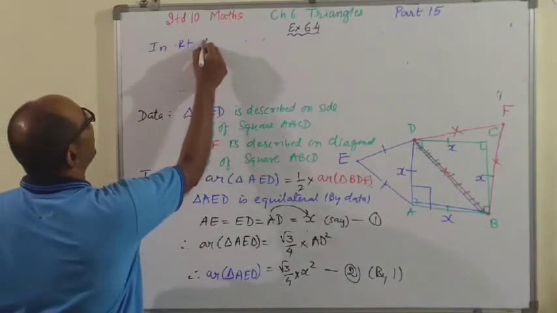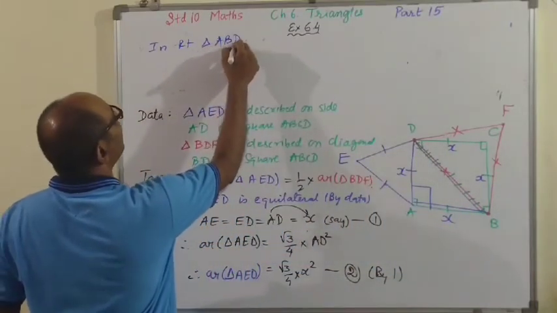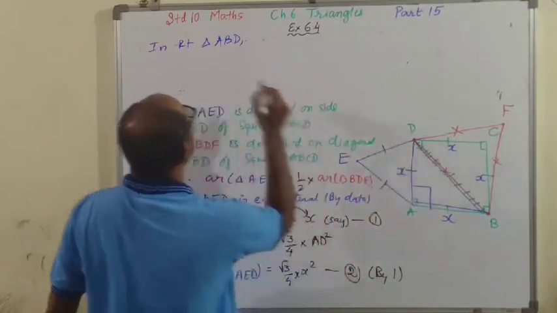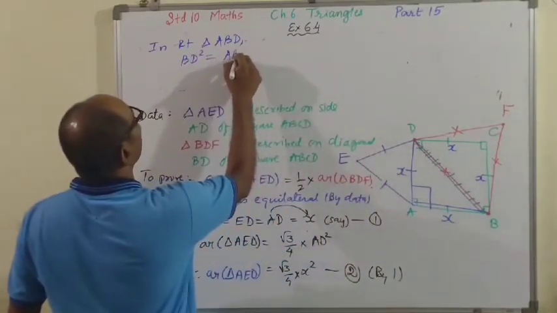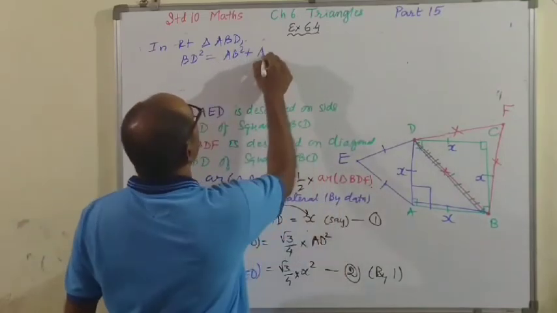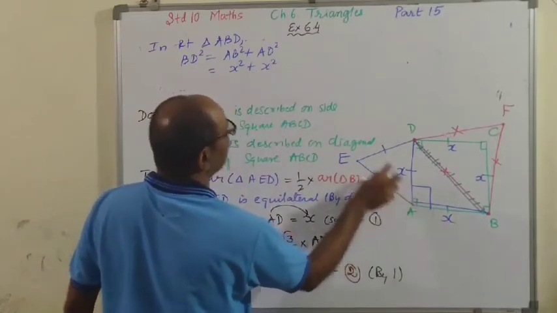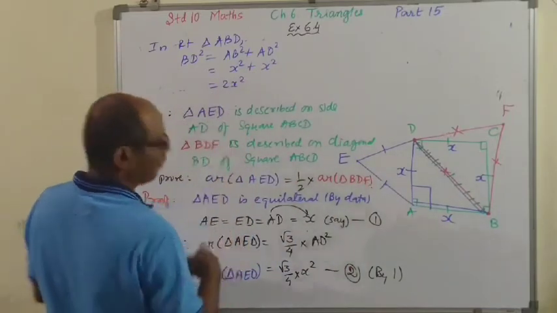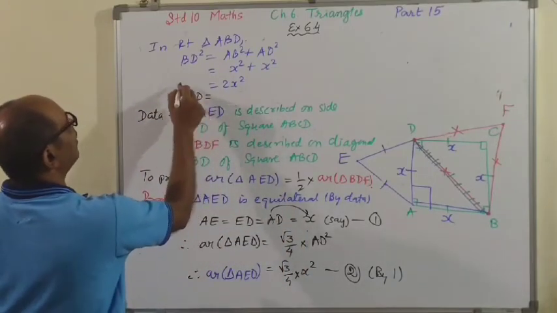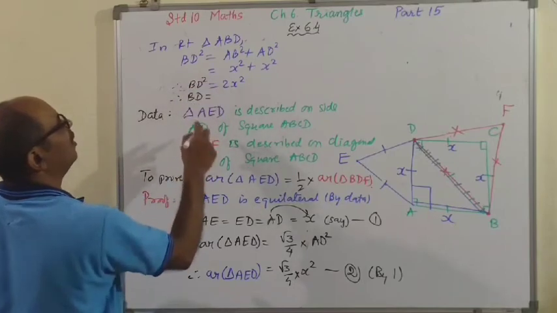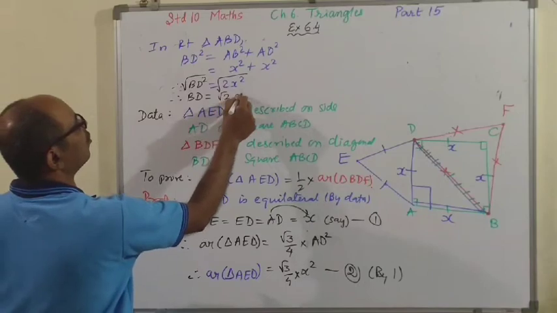In right triangle ABD, right angle is A, so BD square is equal to AB square plus AD square, that is X square plus X square, because this is X, that is 2X square. Therefore BD square is equal to 2X square, taking square root on both sides, BD is √2 X.